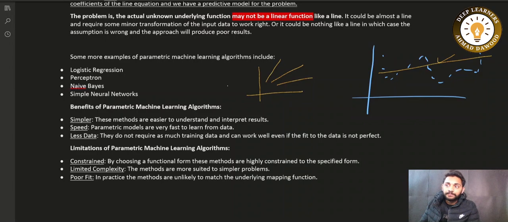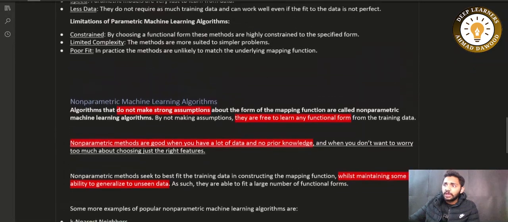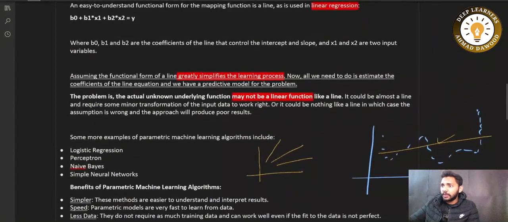On the other side, non-parametric models also have some pros and cons. But before starting that, to finish discussing parametric machine learning algorithms: logistic regression, linear regression, polynomial regression, softmax regression, perceptron, naive-Bayes, and simple neural networks all fall under the parametric models.